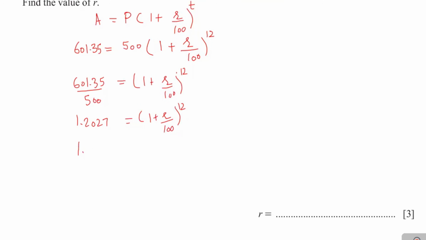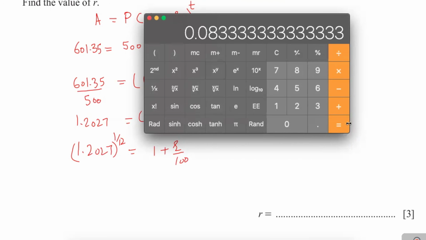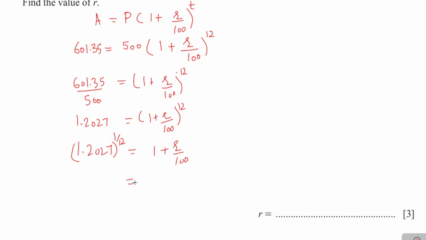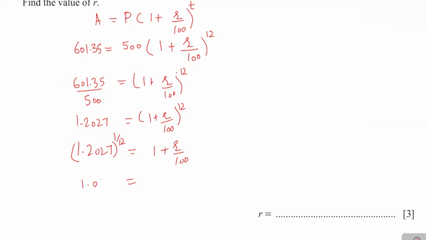We get 1.2027 power 1 over 12 equal to 1 plus R over 100. And we take the 12th root of 1.2027, and this will be equal to 1.015, and 1 plus R over 100.